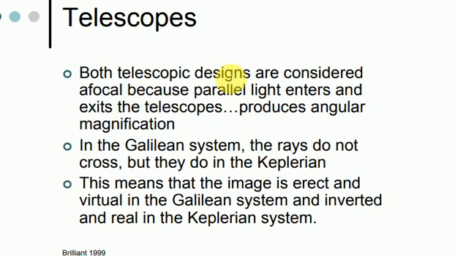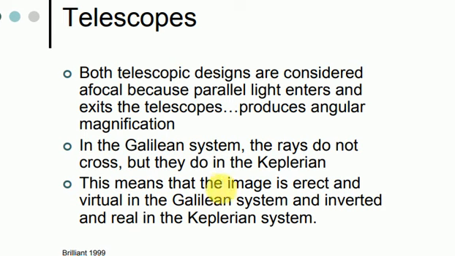Now both telescope designs are considered afocal because parallel light enters and exits the telescopes, and they produce angular magnification. In the Galilean type, the rays do not cross, but they do cross in the Keplerian.